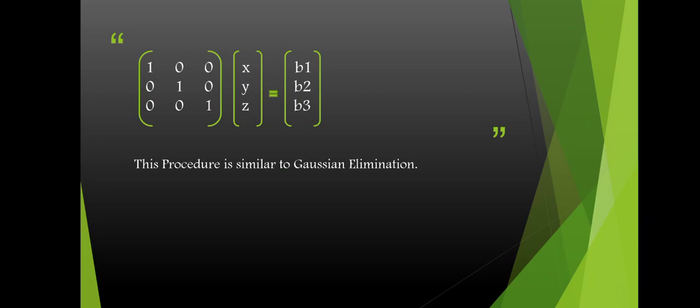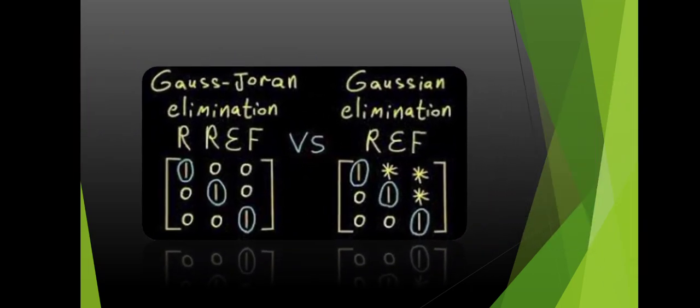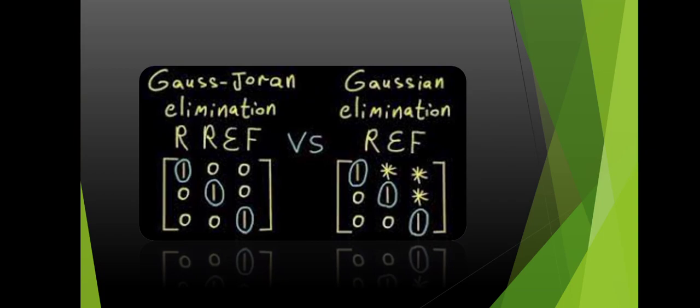This procedure is similar to Gaussian elimination. Now, by this picture, we understand that Gauss-Jordan elimination results in a diagonal matrix and can also be represented as an identity matrix, whereas Gaussian elimination gives a row echelon form matrix where we have 1s in our diagonal, but it is like an upper triangular matrix.